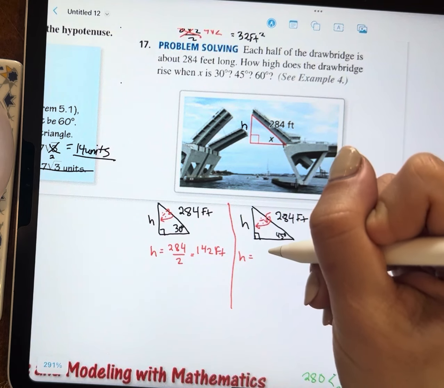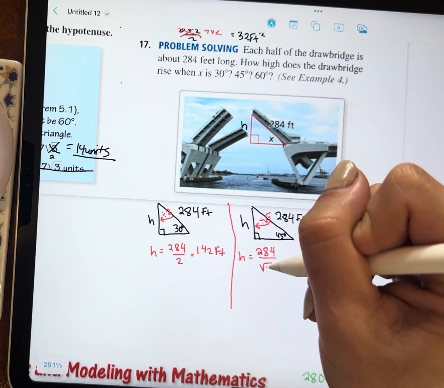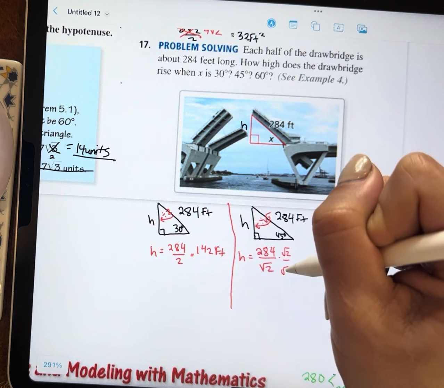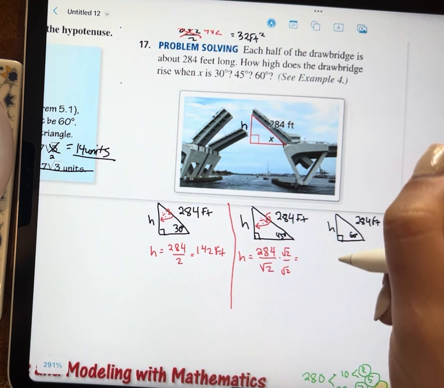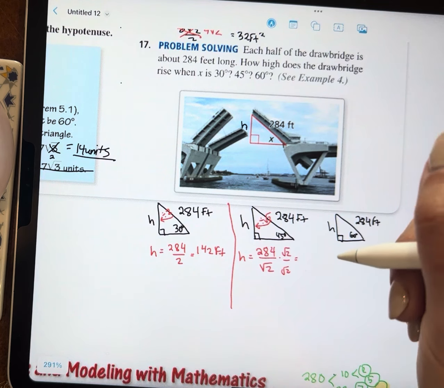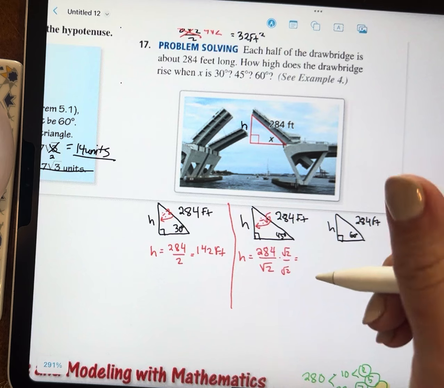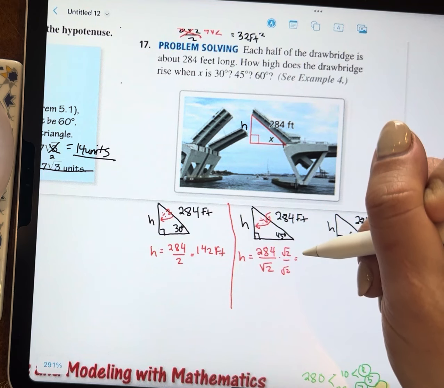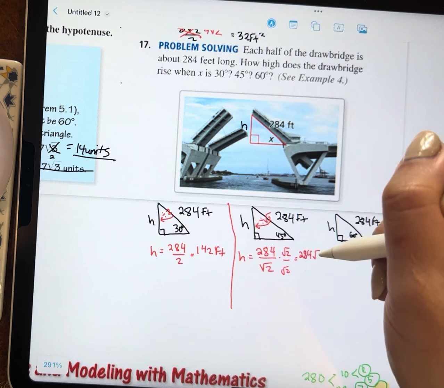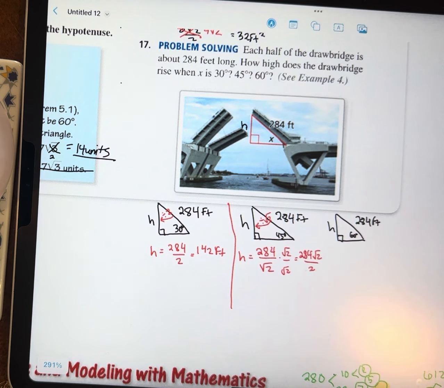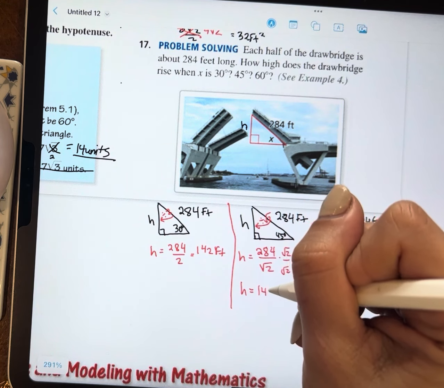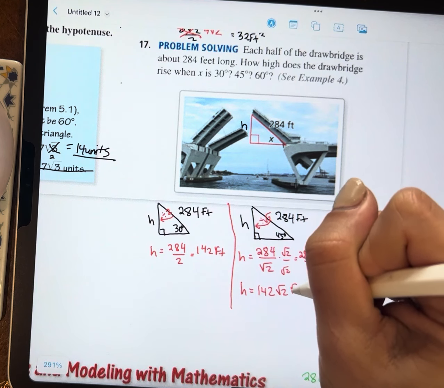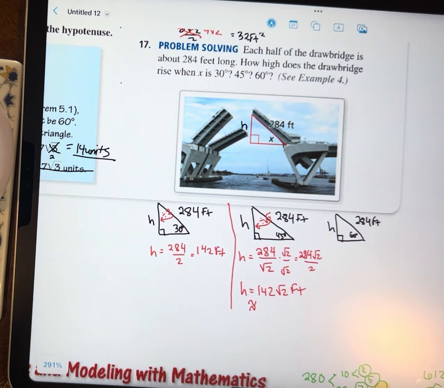So here, h is equal to 284 divided by rad 2, which must be rationalized. And in this one, I actually do see why we would round, because it's such a real life situation. We get 284 rad 2 over 2. So 284 over 2 becomes 142 rad 2 feet, which is approximately equal to 200.8.